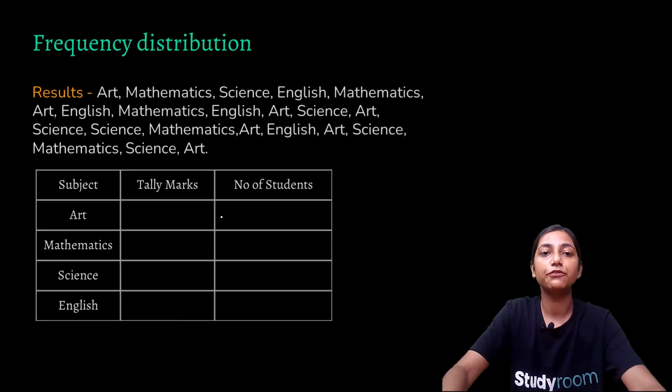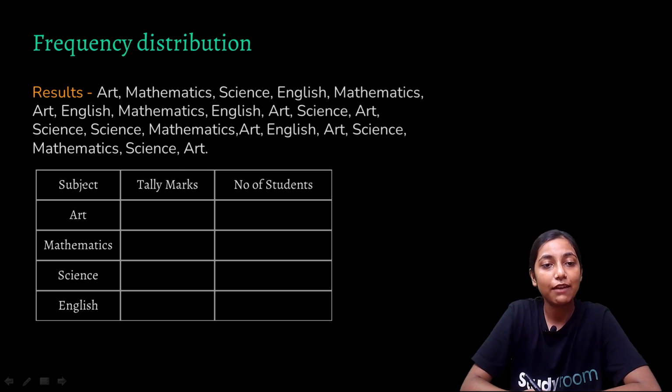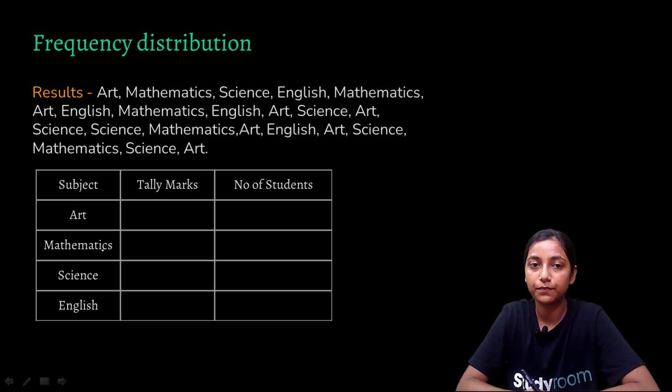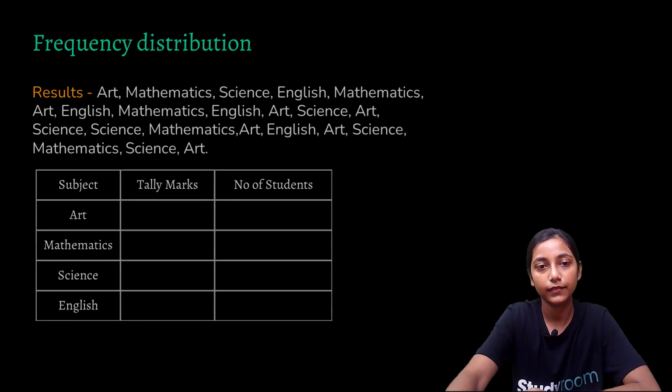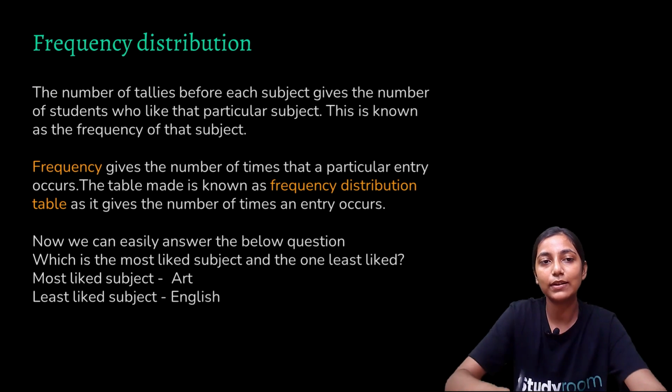Now we come towards frequency distribution. These were all the subjects that were the favorite of some of the students that we asked. Now we have written all of the subjects, art, mathematics, science, English, tally marks and the number of students. This is our frequency distribution. What happens in a frequency distribution?